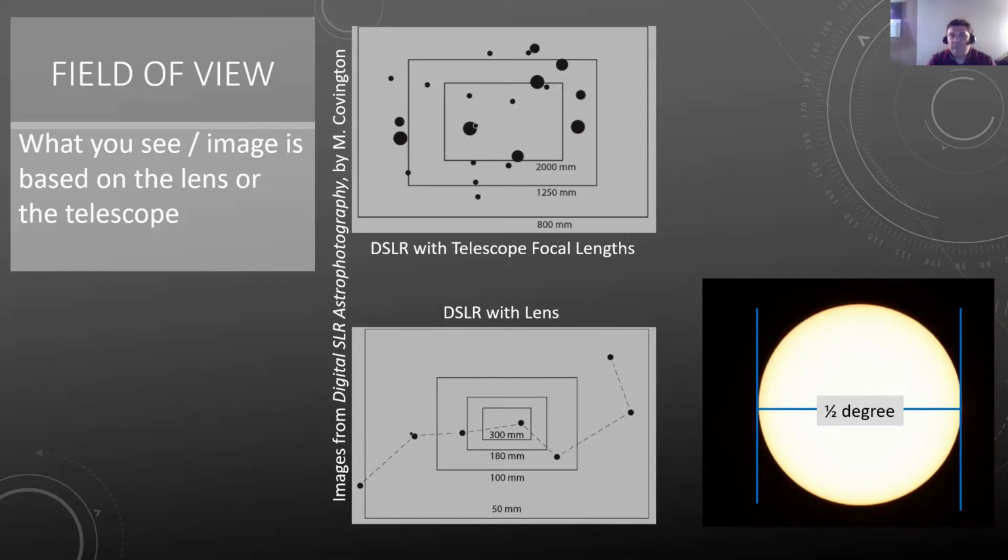But what that gives you is an idea of what I was saying about those focal lengths and how they affect what you see in view. Up at the top is the Pleiades, an open cluster known for the Seven Sisters.